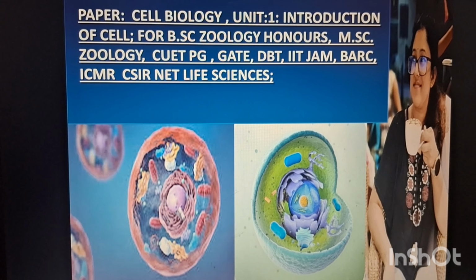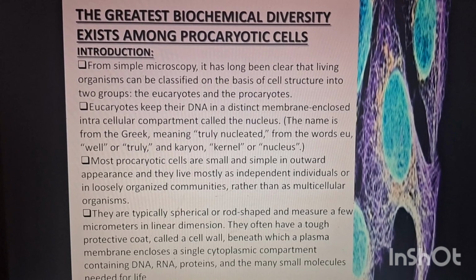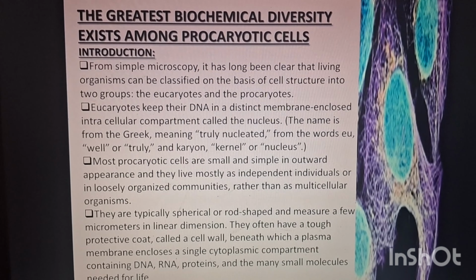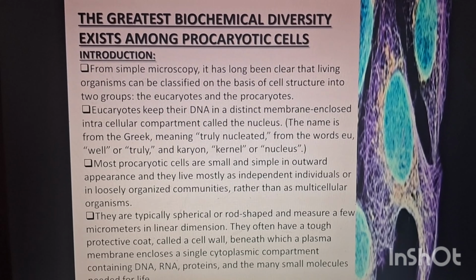So, the greatest biochemical diversity exists among prokaryotic cells. Some introduction of the prokaryotic cell: from the simple microscope, it has long been clear that living organisms can be classified on the basis of cell structure into two groups, the eukaryotes and prokaryotes.